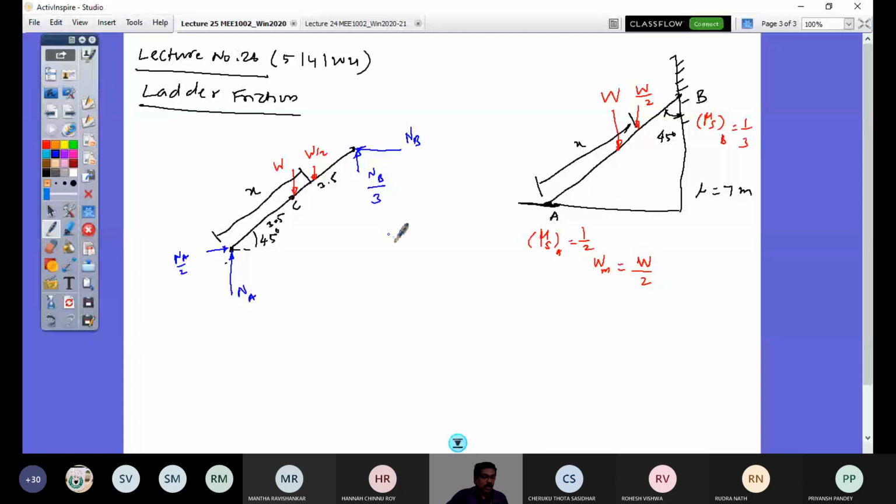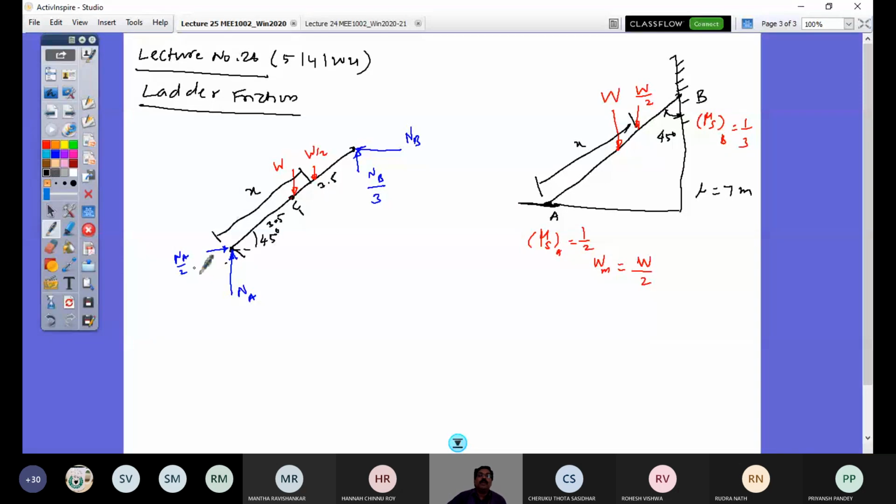So this is what is the free body diagram now, right? So in this, the weight of the ladder is at a distance 3.5 meter, whereas the person is at a distance x that we assume. So we have to find x now. So we can apply now condition of equilibrium.